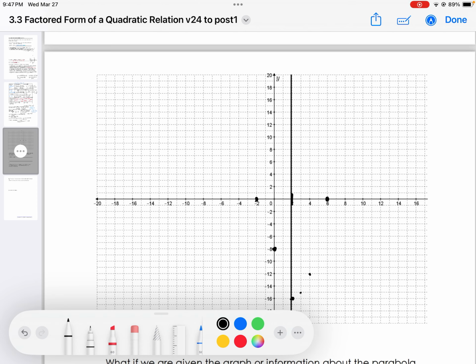Over 1, up 1, 2, 3, 4, 5. Over 1, up 1, 2, 3, 4, 5, 6, 7. Okay. Maybe because of the y-intercept, you would rather have gone the other way first. Left 1, up 1. Left over 1, up 1, 2, 3.